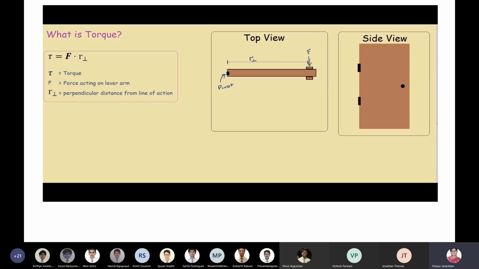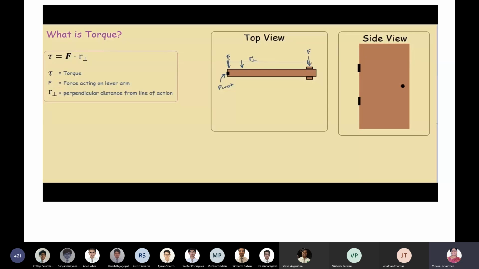We can also think of this experiment in a real life situation when you try and open a door. If you try and push it from over here, you would find that it's much more difficult to open the door than pushing it here with the same force. And if you try and apply a force to the hinge of the door, you will find that the door will not even move. This is because while the force is the same, R is now 0, the distance from the pivot point.